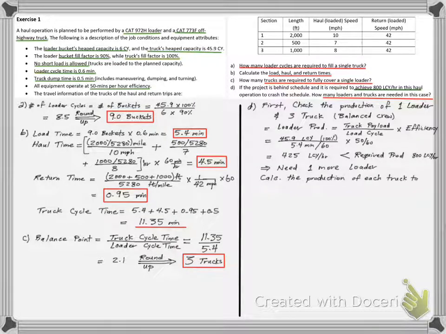We need to rebalance the number of trucks. We will do so by calculating the production of a single truck using the similar concept of cycle output over cycle time.